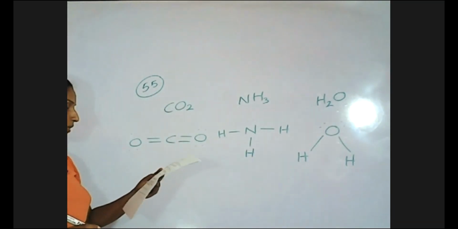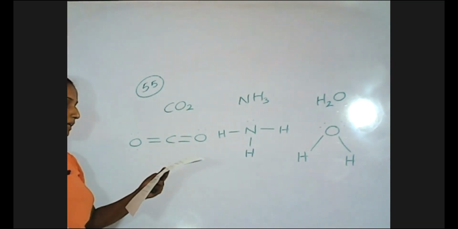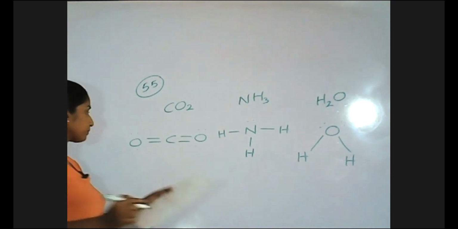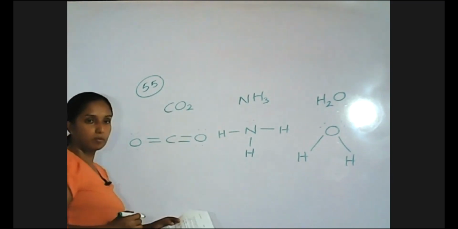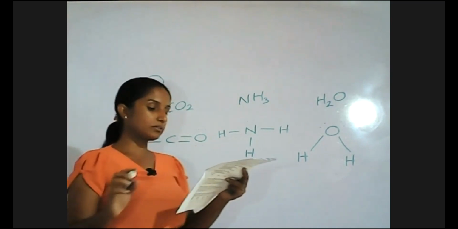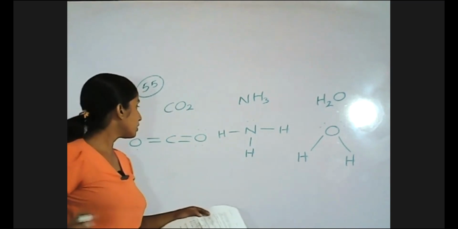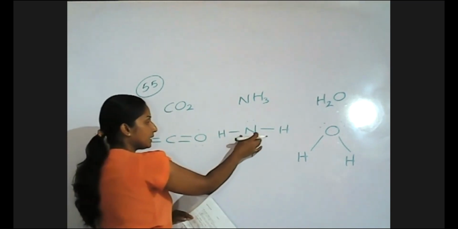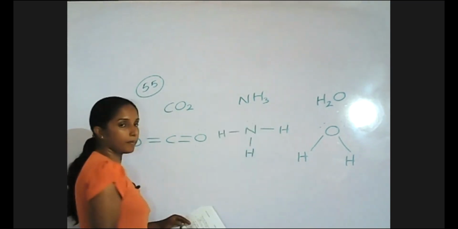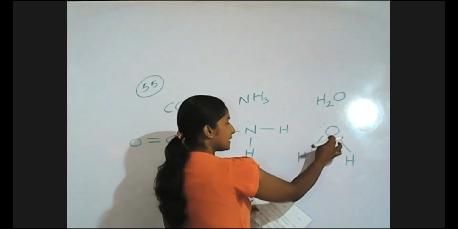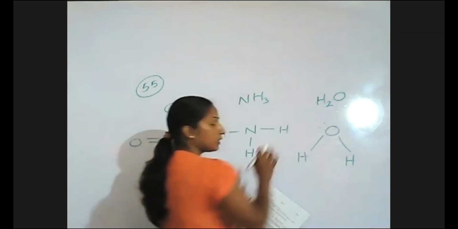So, only single bonds occur among the atoms of molecules. The second statement is wrong because there are double bonds here. Lone pairs of electrons are present on the central atom of the molecules. Here the central atom is nitrogen, there is a lone pair. Here the central atom is oxygen, yes, there are two lone pairs.